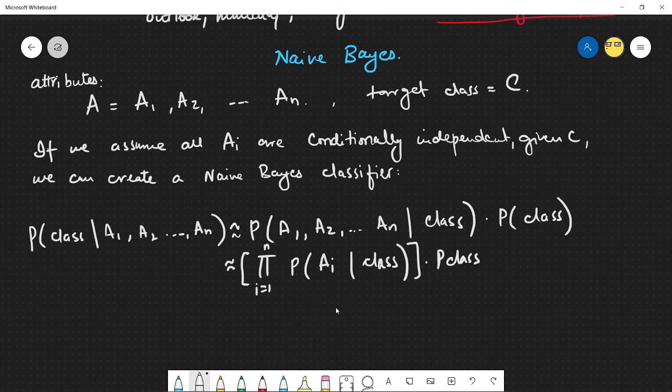Also note that this equation is going to be using a product of pretty small probabilities because you're going so much in depth. I could have so many different attributes here. You might be really close to values that are 0, closer to 0, not quite 0.